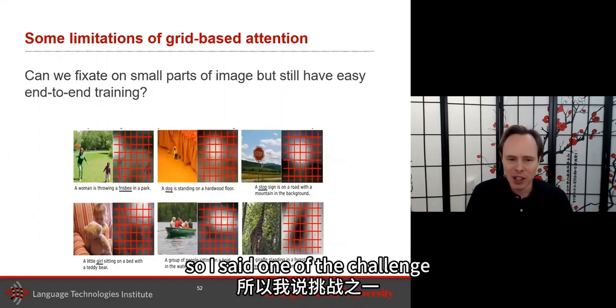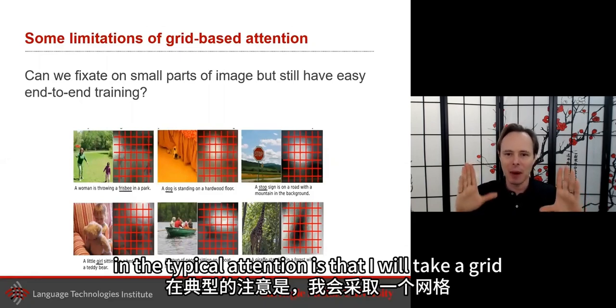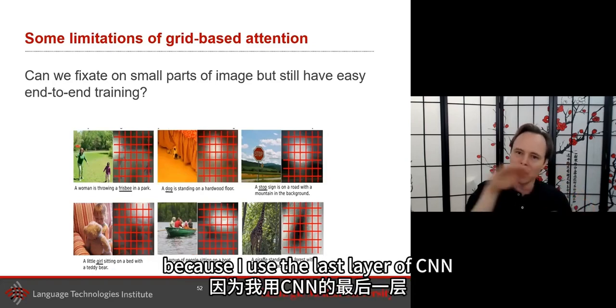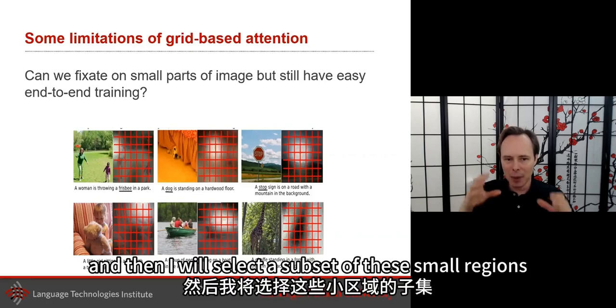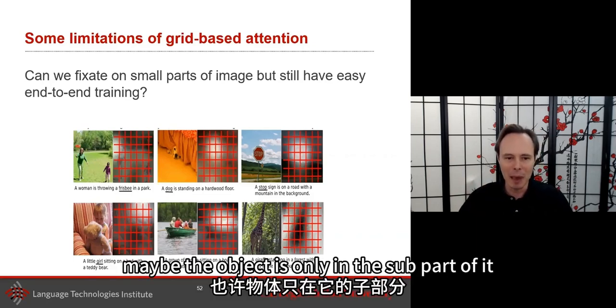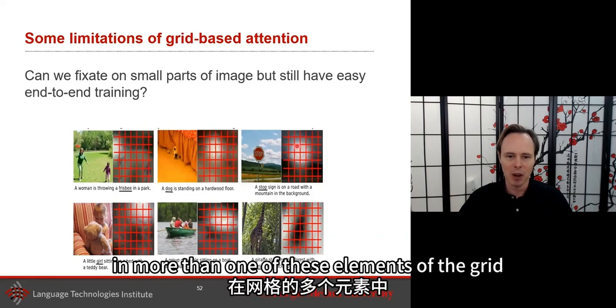So I said one of the challenges in typical attention is that I will take a grid, because I use the last layer of the CNN, or the last convolution response layer of the CNN, and then I will select a subset of these small regions, but really maybe the object is only in a sub part of it, and so really it will end up in more than one of these elements of the grid.